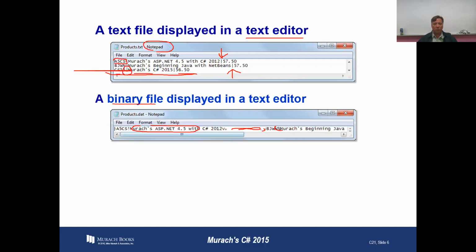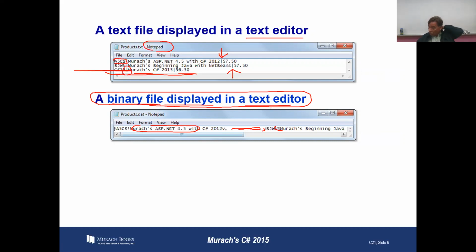And so binary files contain more information, and they can be any kind of information, like the pixels of a picture, the 1 and 0 pixels of a picture, and so on. And you don't normally display binary files using a text editor. In fact, you don't.